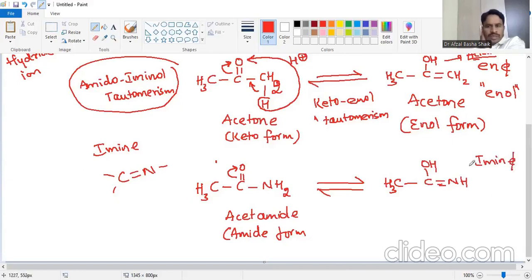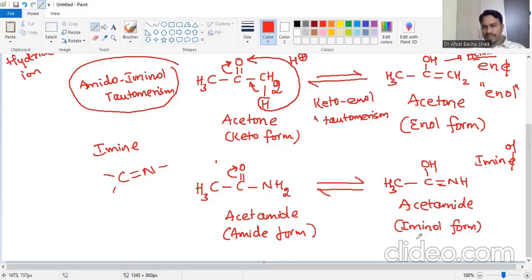This is imine, right? Carbon double bond nitrogen is imine. You remove the E because there is also OH. This will become iminol. This is also acetamide only, but this is in iminol form. So this is the acid amide form, and this is the iminol form. Both the molecules are tautomers. So this is which type of isomerism?